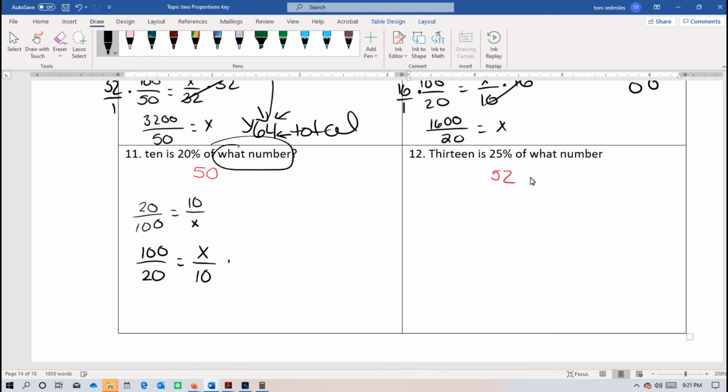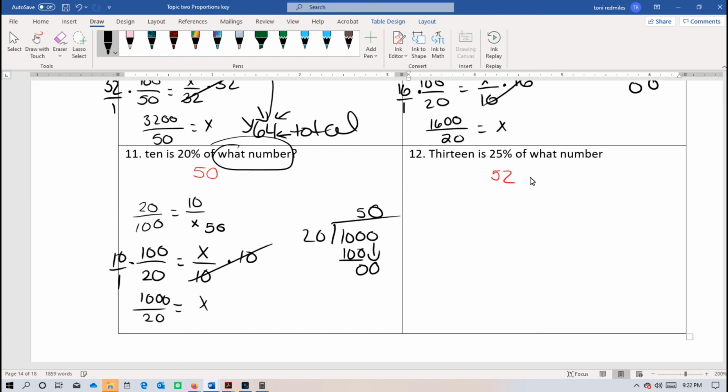To get x by itself, I have to multiply both sides by 10, which is going to equal 1,000 over 20. 20 goes into 100 5 times. That's exactly 100. And 20 goes into 0 0 times. So I know that this x is going to equal 50. So that's kind of like a fifth, okay?